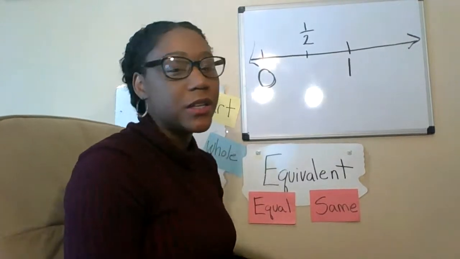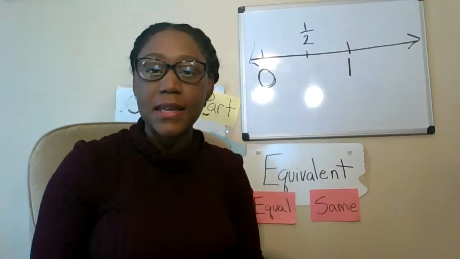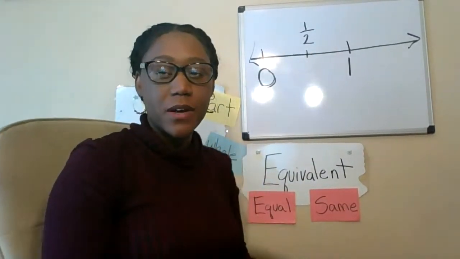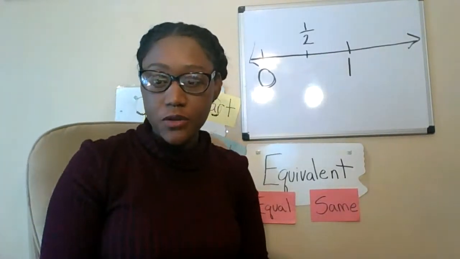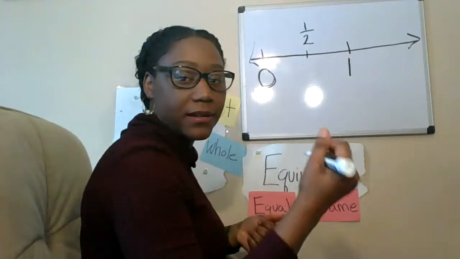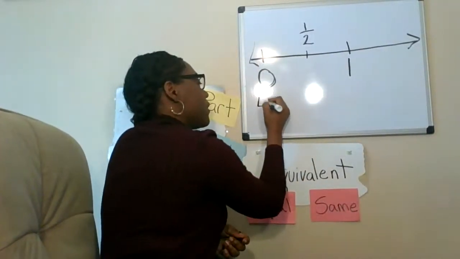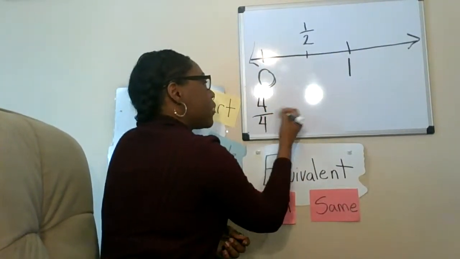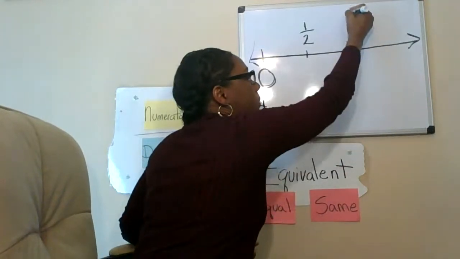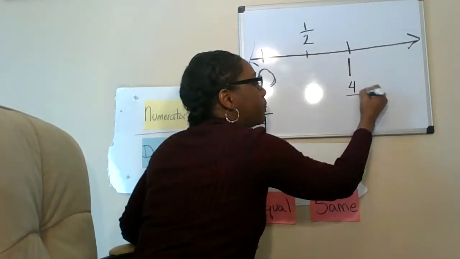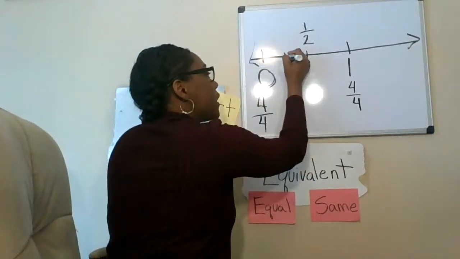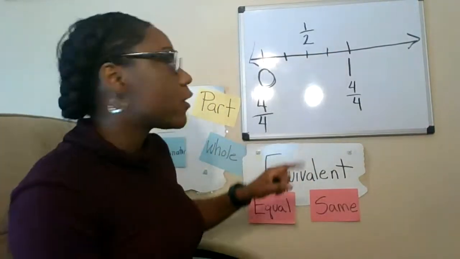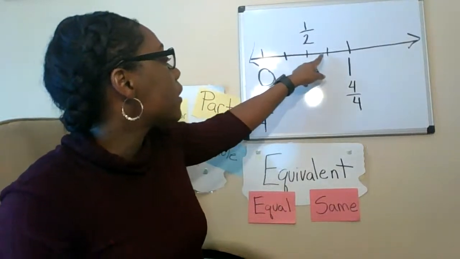Somebody's saying 2, but it shouldn't be 2 parts because 4 times around the track equaled 1. So 4 times around out of 4 would be 1. So I need to partition it into 4 equal parts. And do I have 4 parts? 1, 2, 3, 4.